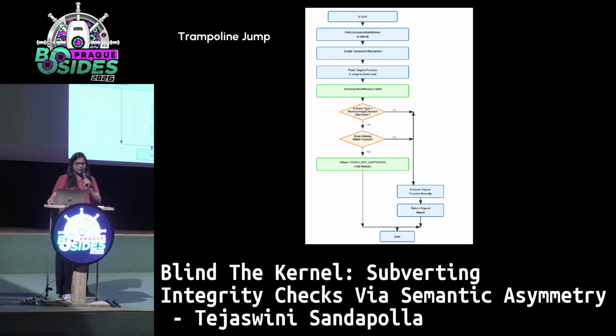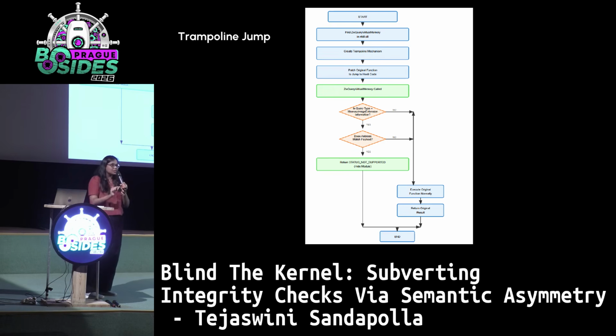How has this patching been implemented in the malware which I was showing you? First, I have given a basic overview of how the patching is implemented. When query virtual memory is called, is the query type memory image extension information? That means, is the class being asked equal to E?